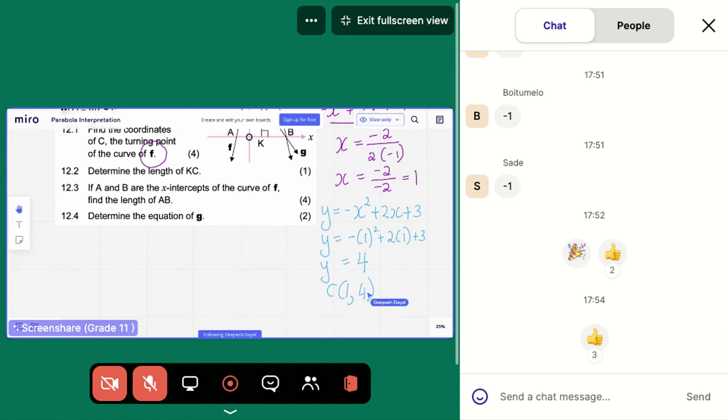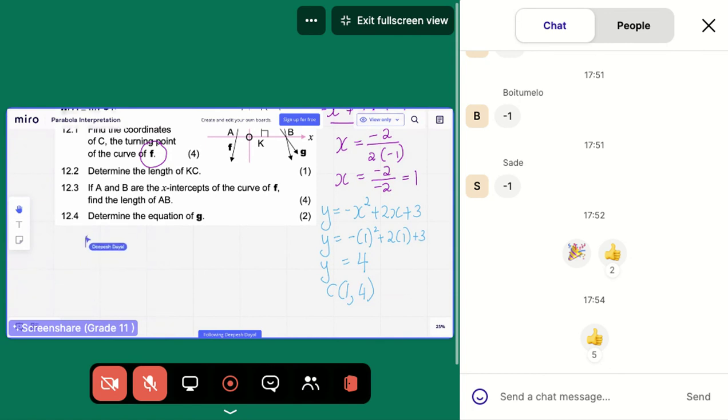Okay, so initially when I showed you x equals minus b over 2a, I hope you've written that down and you understand that to find the turning point, first we look for the x, and then we take that x and plug it in to find y. So I'm just going to make a little note here.